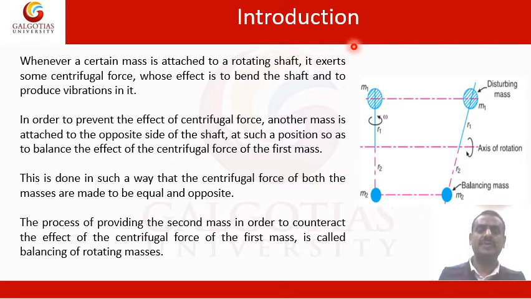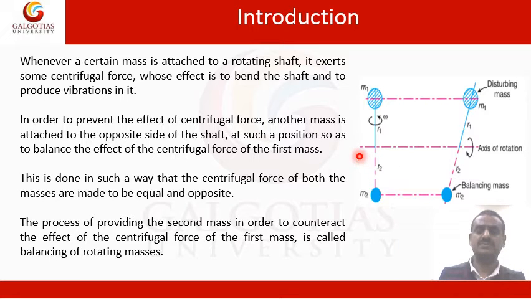In order to prevent this effect, another mass is attached on the opposite side of the shaft at such a position as to balance the centrifugal force of the first mass. This is done in such a way that the centrifugal forces of both masses are equal and opposite. The process of providing the second mass in order to counteract the effect of the first mass is called balancing of rotating mass.